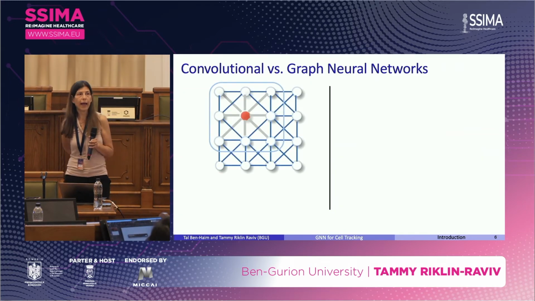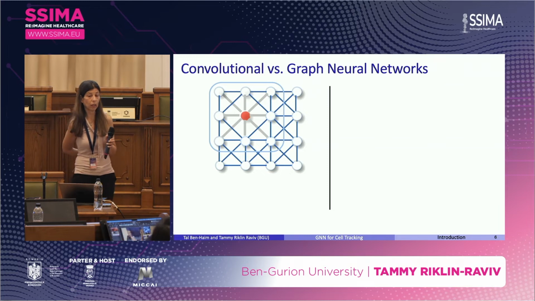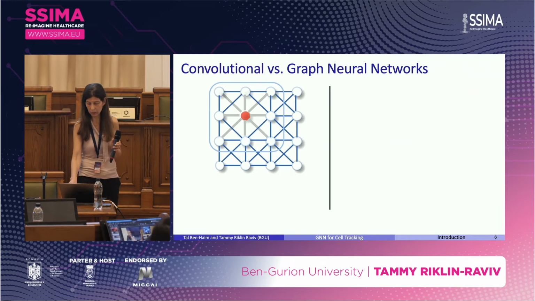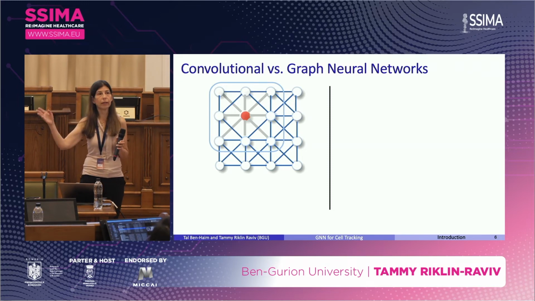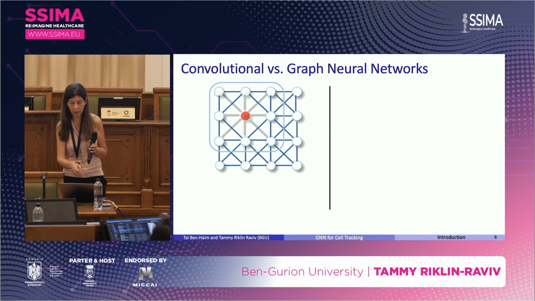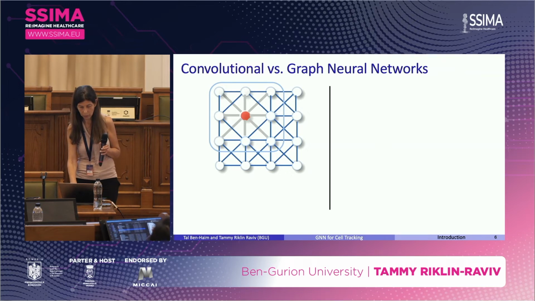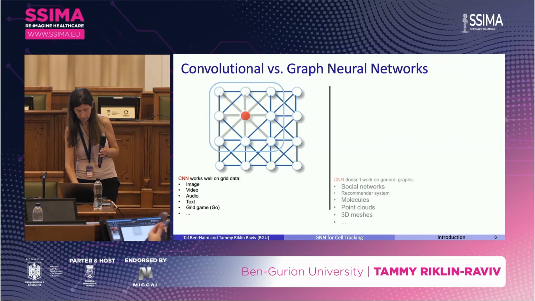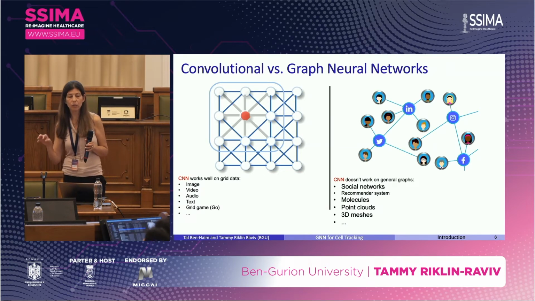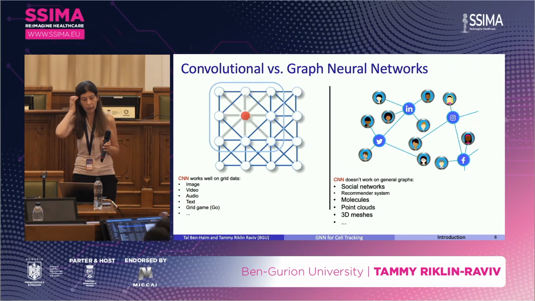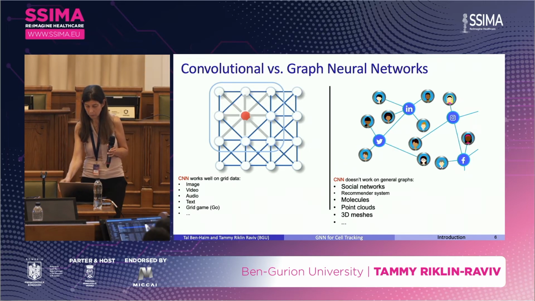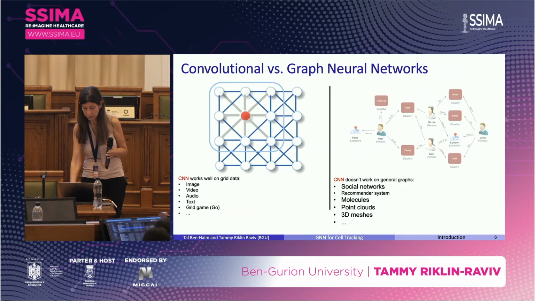In order to do that, we cannot use a convolutional deep learning network, since the cell data does not appear in a grid, unlike video or images. Instead, we use a graph neural network, and I can think of different datasets that have this form: proteins, social networks, and so on.